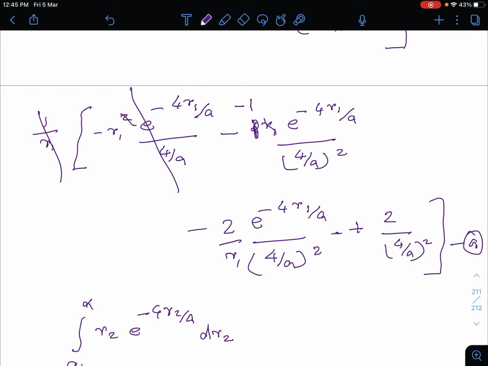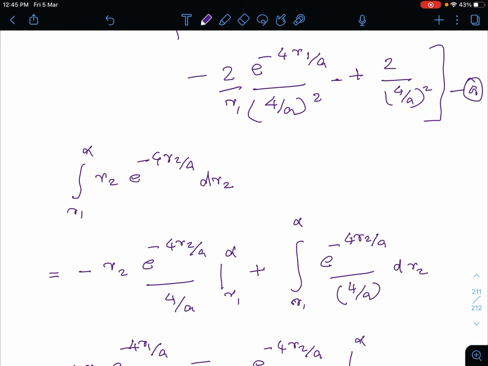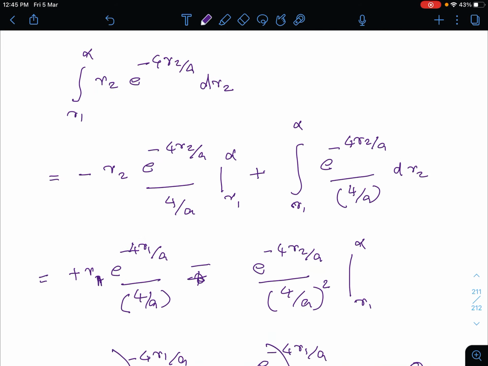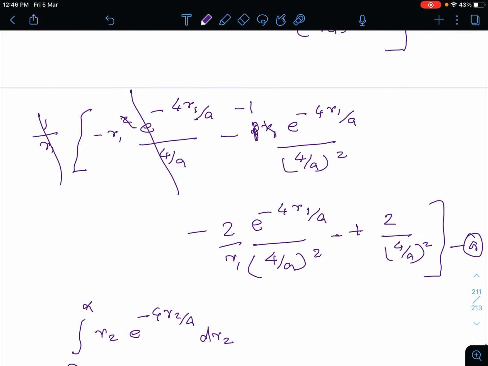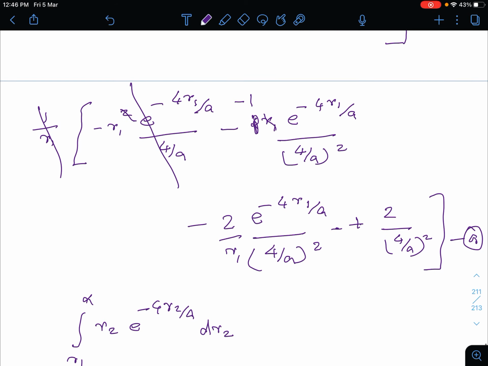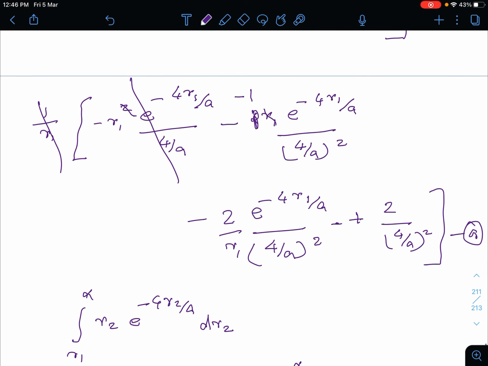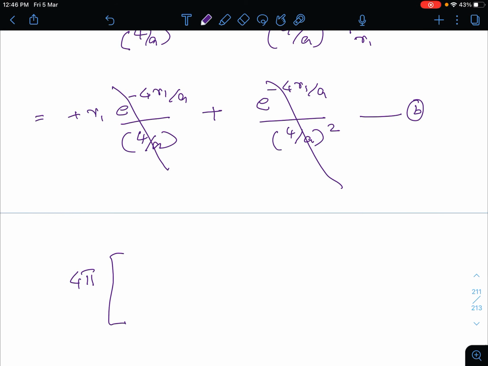Okay, so this is what remains. So let's put back. What remains is 4 pi into, let me take only the part without e raised to, so that is 2 divided by (4 by A) whole square.